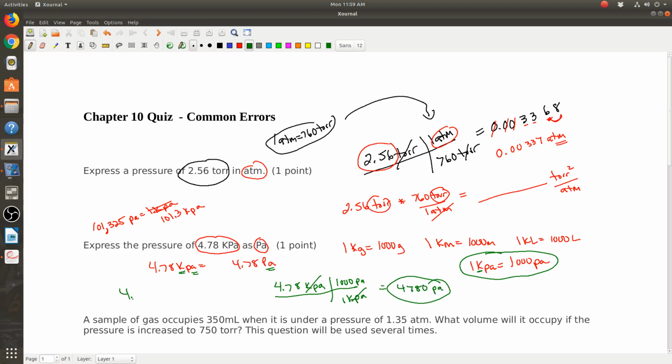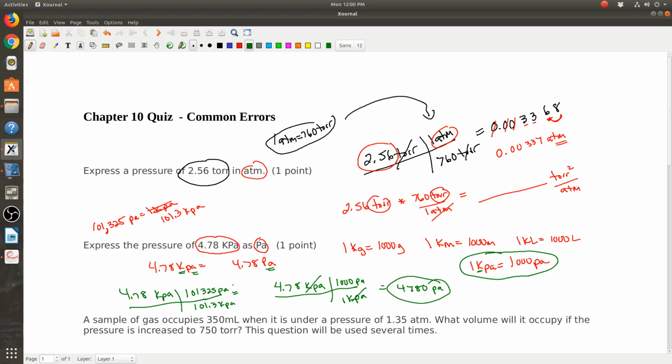I gave you partial credit if you did this. Or I think I even gave you full credit if you said 101,325 pascals is 101.3 kilopascals. If you did that, you're still going to get a very similar answer.